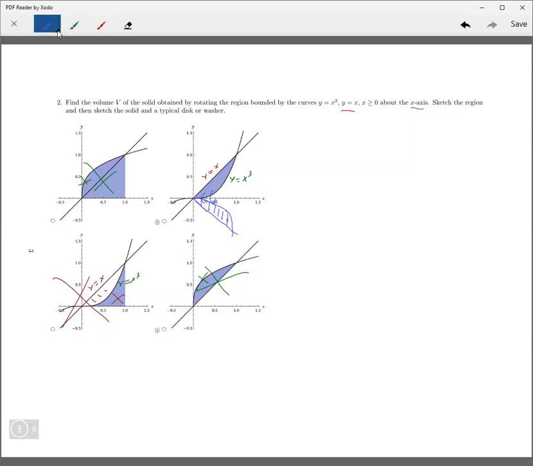And in this case, when you take a cross section, you're going to get what the book refers to as a washer. Kind of think of it as a donut if you're hungry. So this is a washer. That's typically what all calculus textbooks refer to it as. A washer.